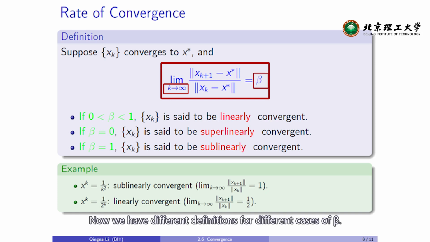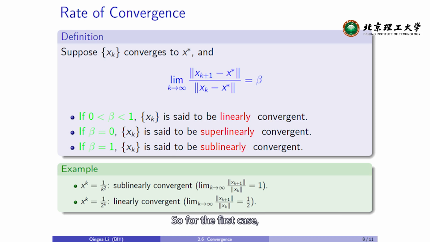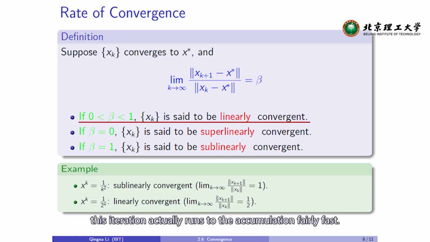Now, we have different definitions for different cases of beta. For the first case, if beta is between 0 and 1, then we say that this sequence is linearly convergent. It means that the iteration runs to the accumulation point fairly fast. Not very fast, but fairly fast.